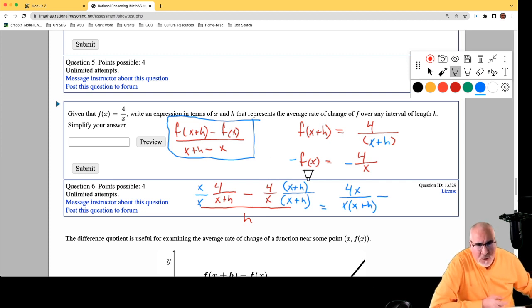Now up in this numerator, we are actually going to distribute. So 4x plus 4h. And sometimes I do these things because you find out after doing them a while, it's quicker to do them. If you're not sure, you can always multiply it out, and if you didn't need to, you can put it back together, or, it doesn't matter. And then the denominator is x times x plus h.